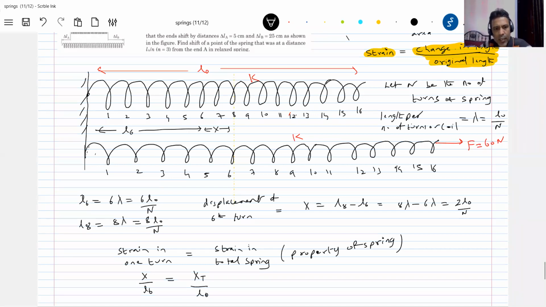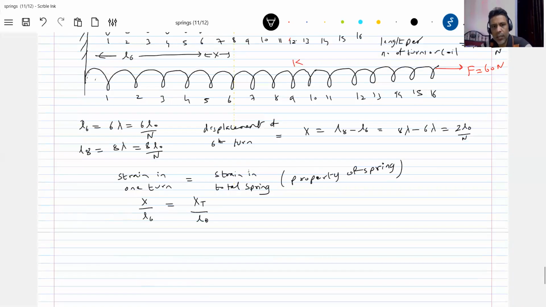Okay, let's substitute all the things now. X we know, 2 L naught by N. What is L6? 6 L naught by N. Equal to XT.